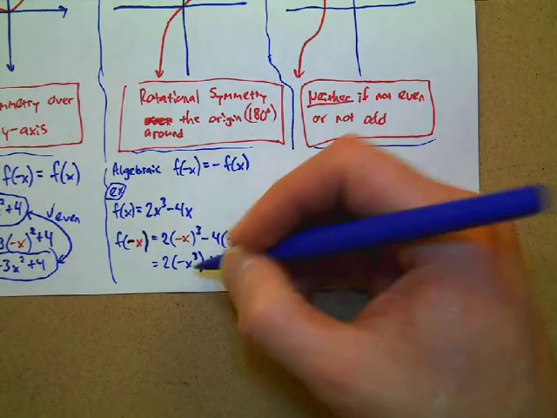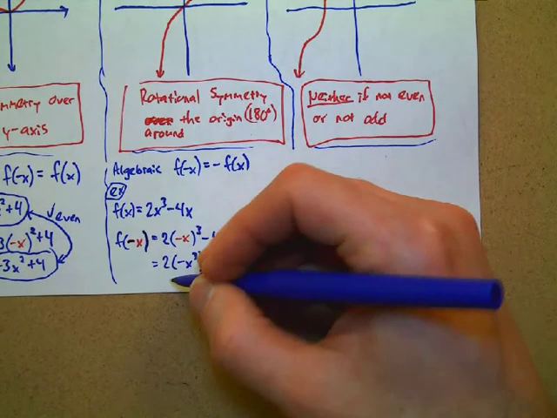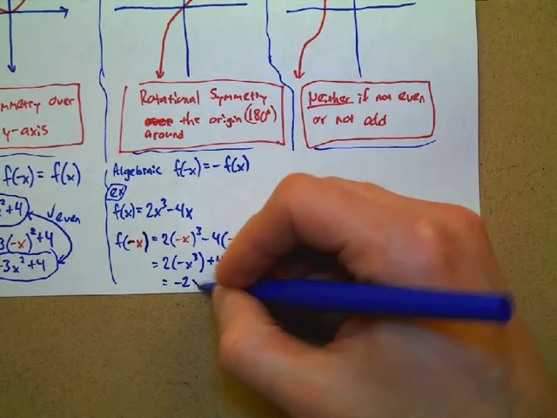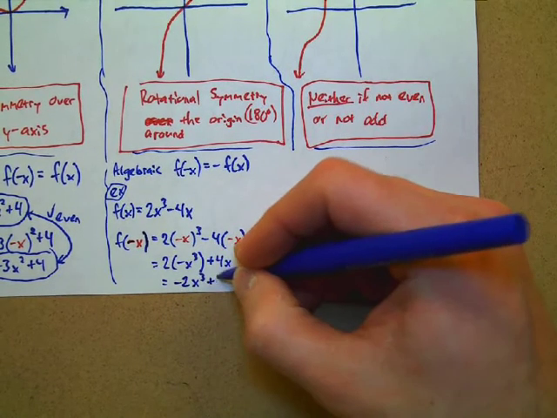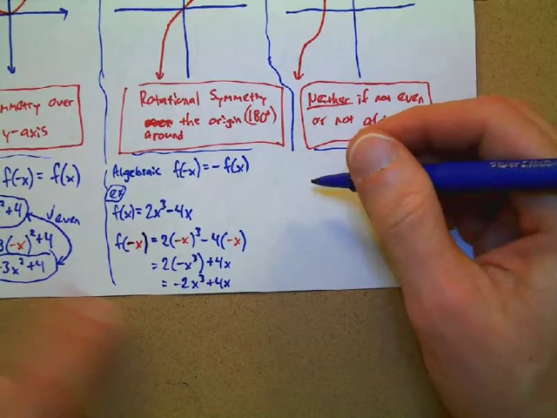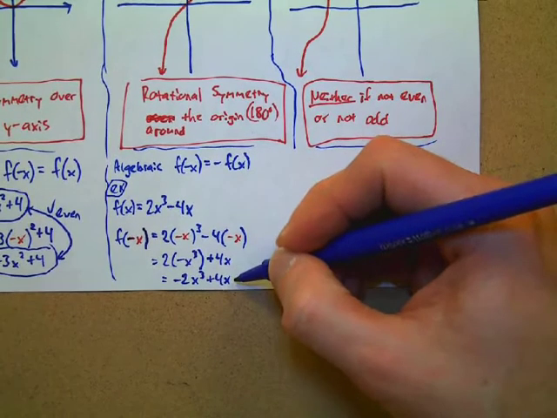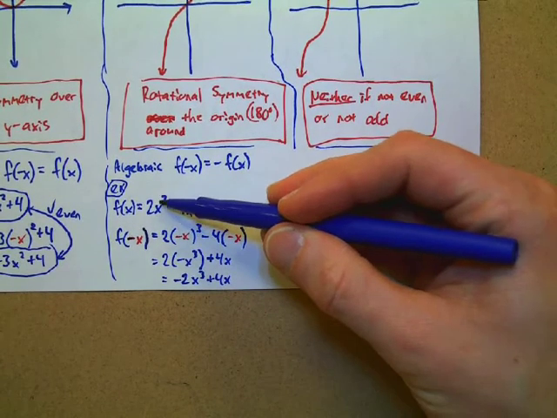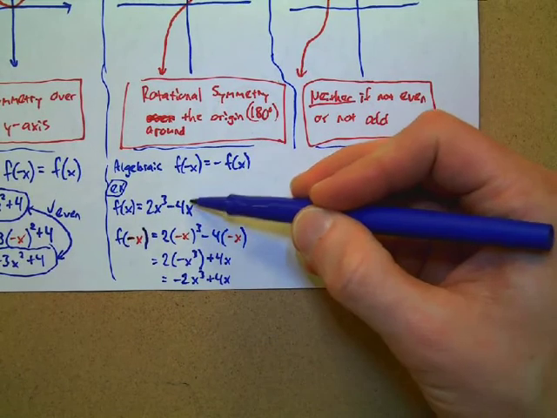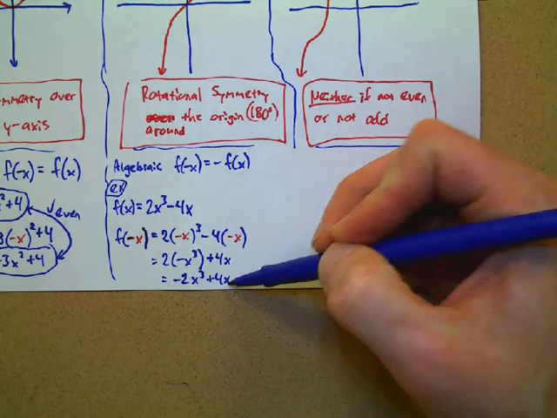And that negative is times the 2, so you can make that negative 2x to the third plus 4x. Okay? So here I had 2x cubed, here I have negative 2x cubed. Here I had minus 4x, here I have plus 4x. Are these opposites? Yeah, right?